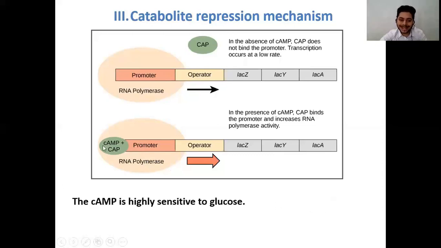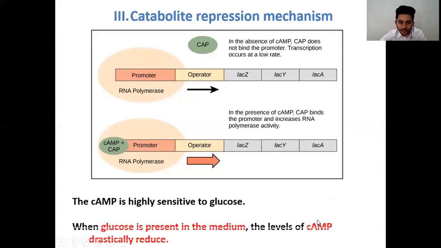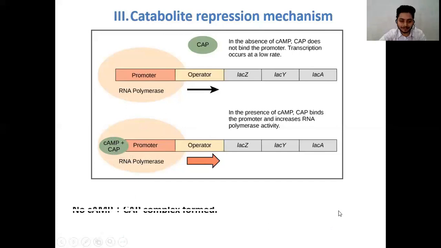Now, when will cyclic AMP be low? It is known that cyclic AMP is highly sensitive to glucose. So if glucose is also present in the medium along with lactose, the levels of cyclic AMP are going to drastically reduce. With such reduced levels of cyclic AMP, the CAP will no longer bind to the CAP binding site.